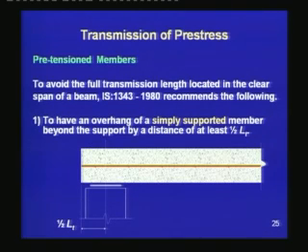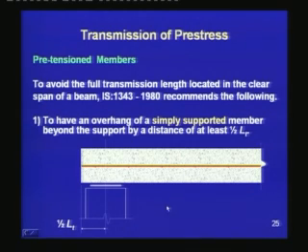To avoid the full transmission length being located near the clear span of a beam, IS 1343-1980 recommends the following: to have an overhang of a simply supported member beyond the support by a distance of at least half of the transmission length. As I said, we do not want the points of high moment to come within the transmission length.